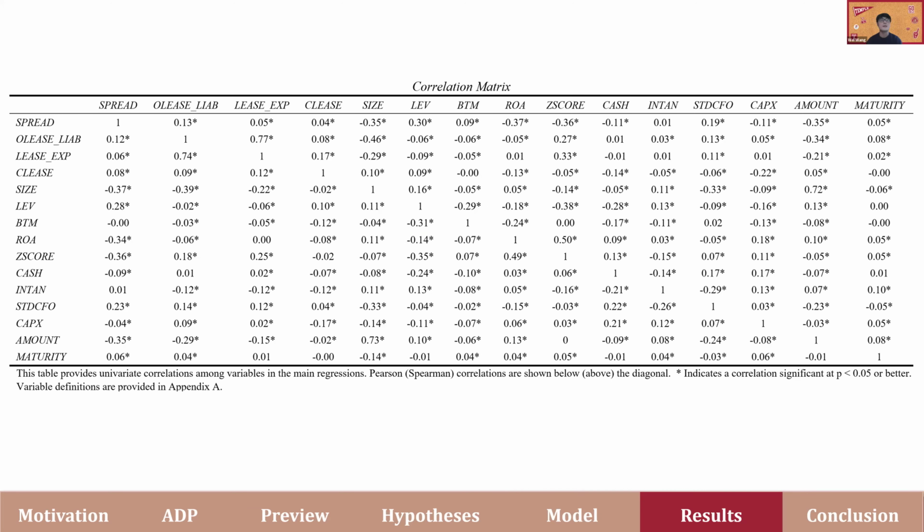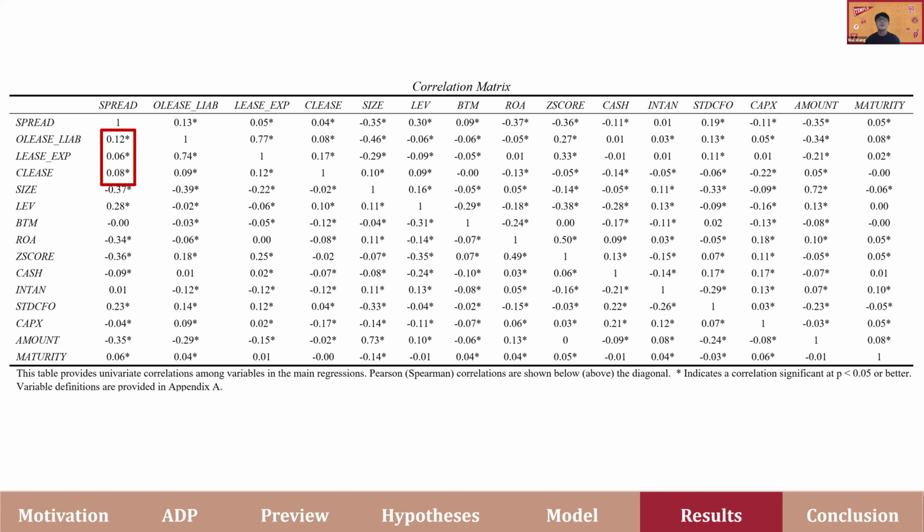So we're going to start with a very simple Pearson and Spearman correlation. You can see lease expense and the lease liabilities are pretty highly correlated. That suggests that, but there's still about 25% that is not correlated. So there might still be some extra information to be derived from lease liabilities that may not otherwise be available from lease expense alone.